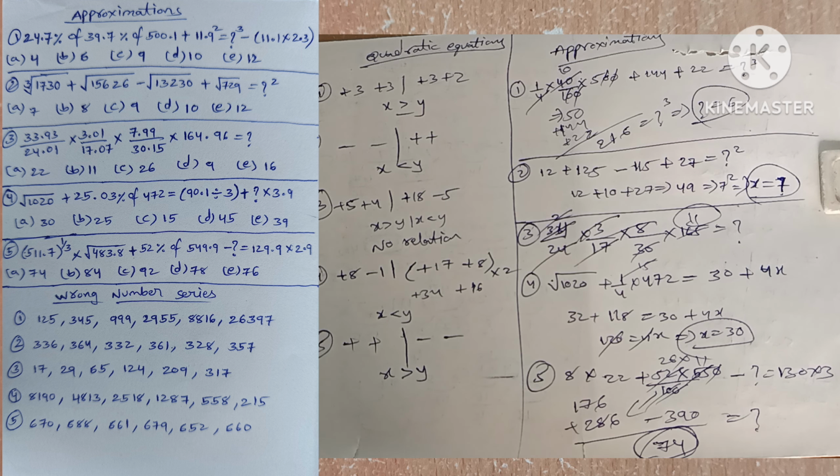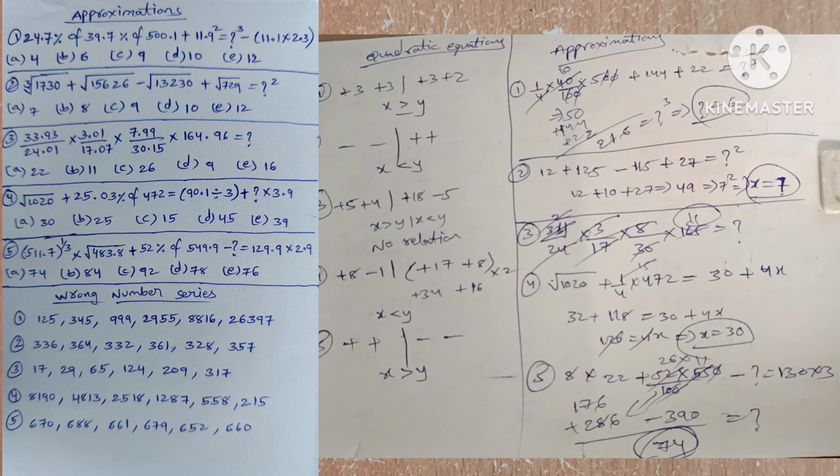Now we are moving to wrong number series. Wrong number series, question number 1. 125, 345, 999, 2955, 8816, 2326, 397. Here this is into 3 minus 30.